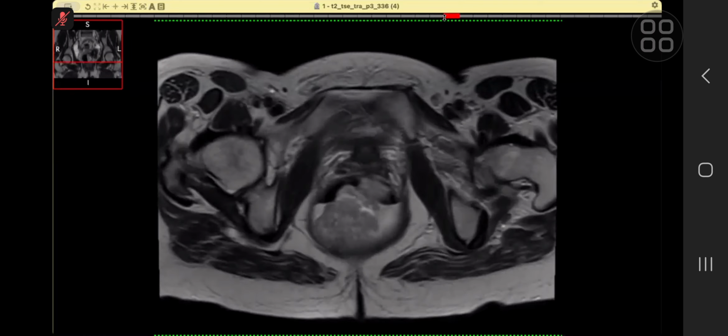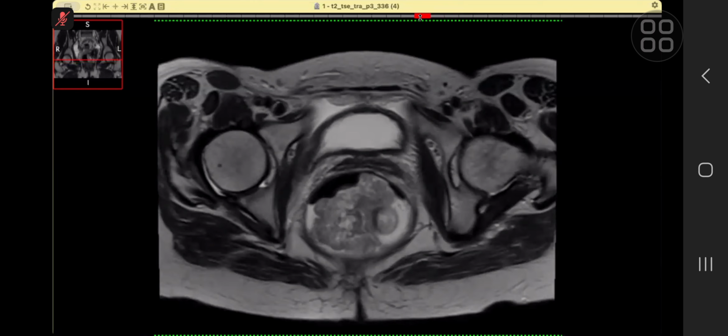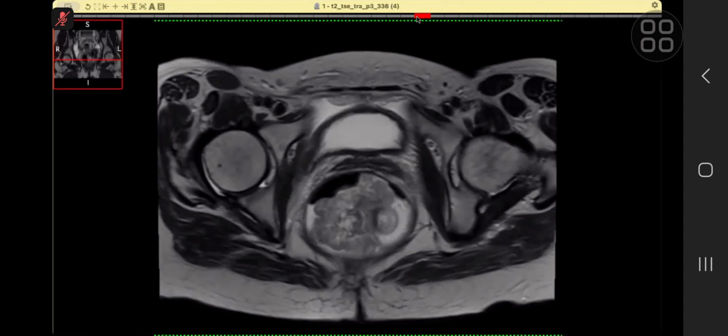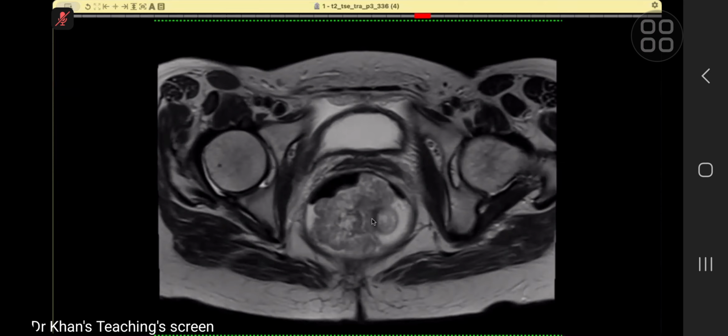So there is evidence of asymmetrical bowel wall thickening seen here. Here is the bowel wall thickening, so that is acting as the leading point, probably. This is the bowel wall thickening. There is bowel within bowel appearance seen in the rectal region. So the inner bowel loop shows asymmetrical bowel wall thickening.